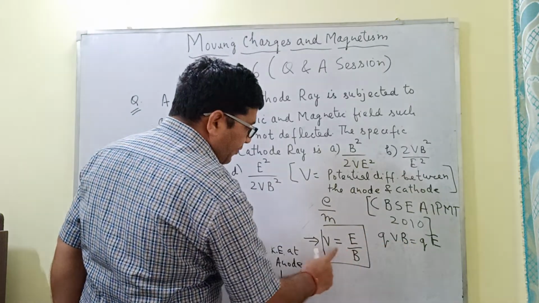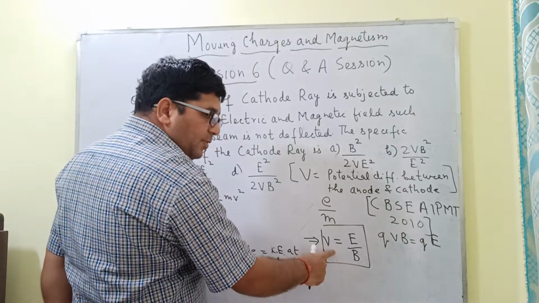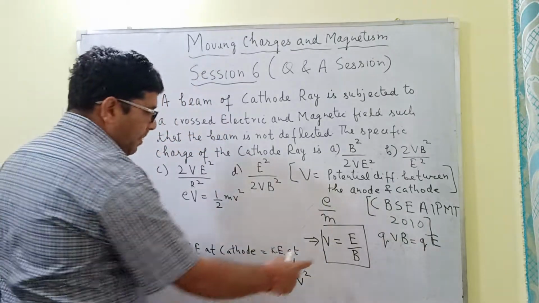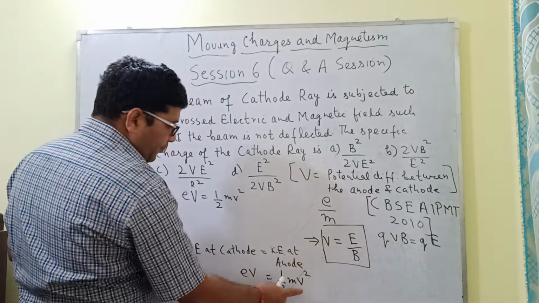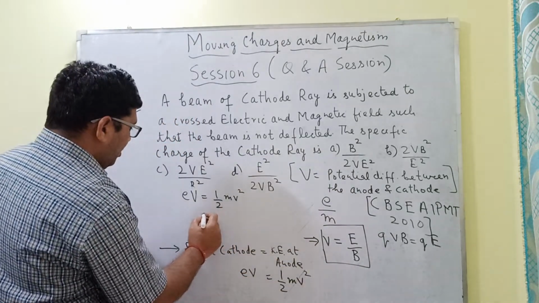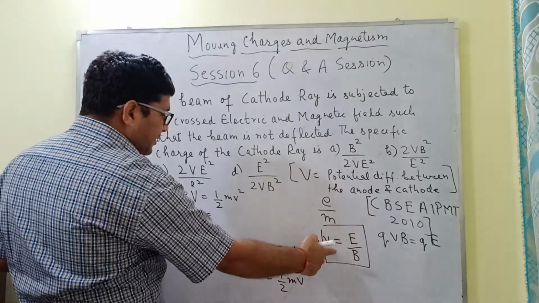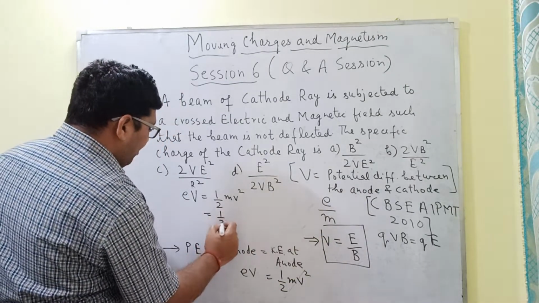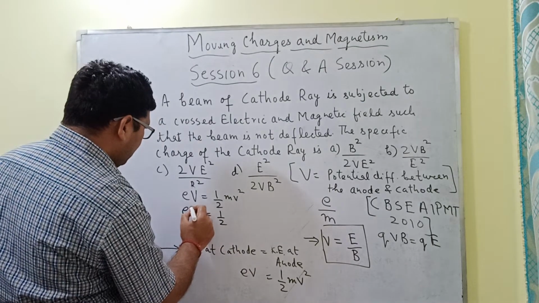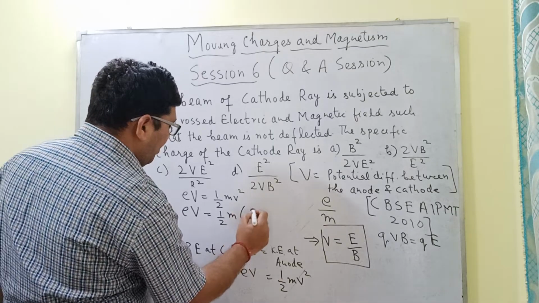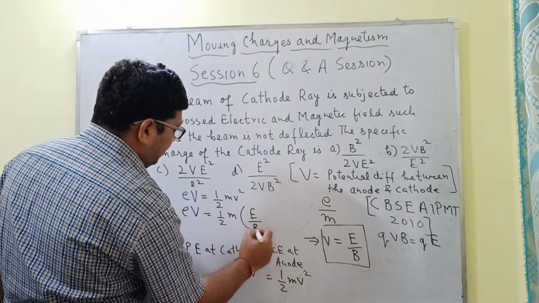From this relation I have found the value of the velocity of this electron, and I will be using this formula in this equation. So substituting the value of v, that is the velocity of the electron, I will be getting eV is equal to half m, E upon B, whole square.